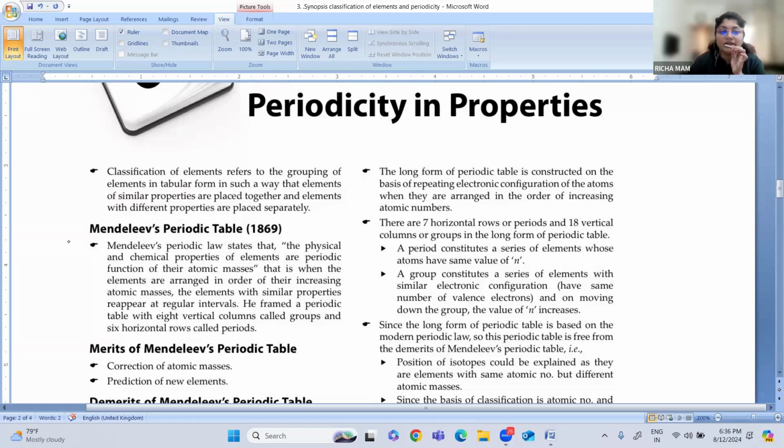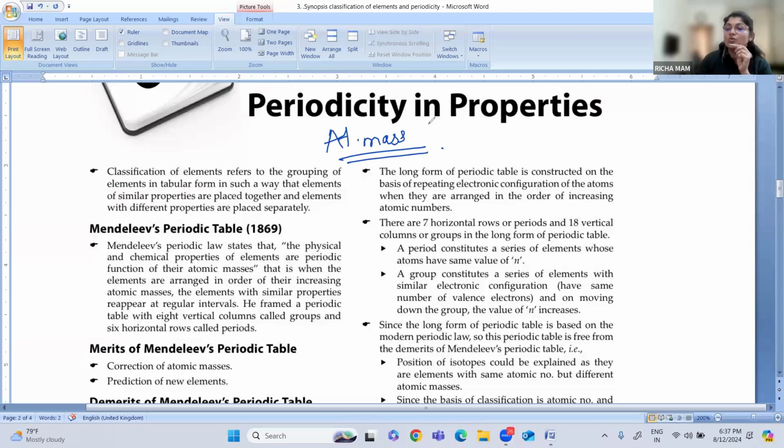Mendeleev arranged the elements with similar physical and chemical properties according to their atomic masses.